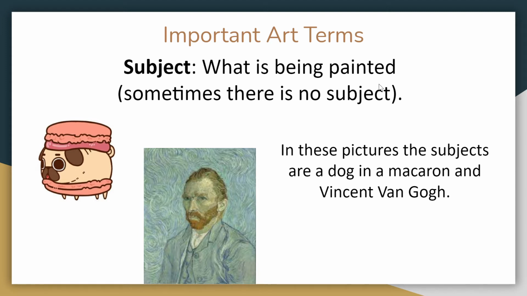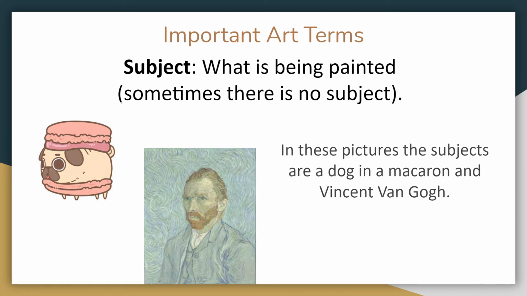What are you painting? We see down here in these pictures, the subjects are a dog and a macaroon. So here's the dog and a macaroon. So that is the subject of this painting. And this painting, the subject is Vincent van Gogh. So the dog and the macaroon and Vincent van Gogh, those are the subjects.